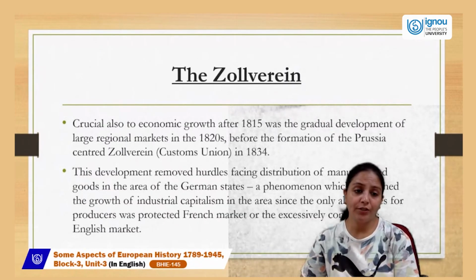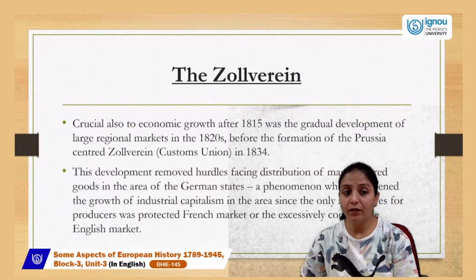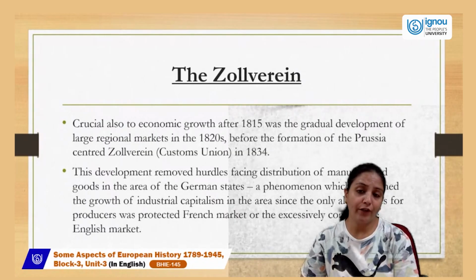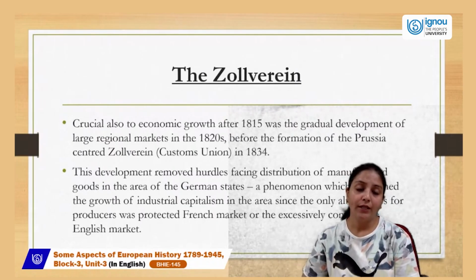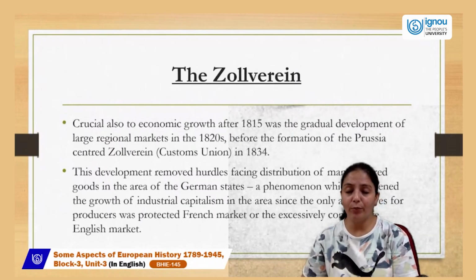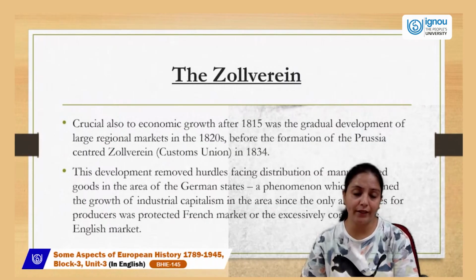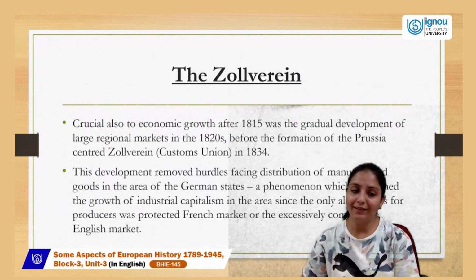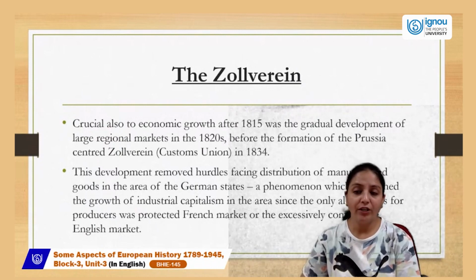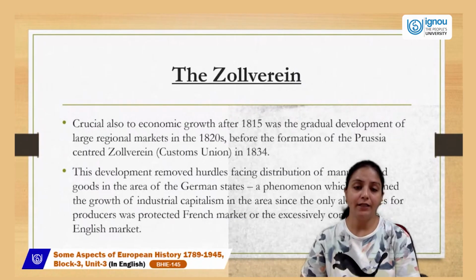The customs unit is known as Zollverein, and the crucial factor in economic growth after 1815 was the gradual development of large regional markets, because they were developing their large regional markets in the 1820s, before the formation of the Prussia-centered Zollverein customs union in 1834.